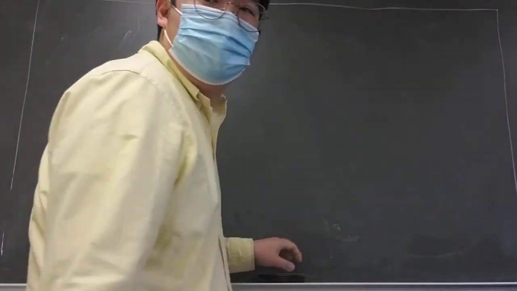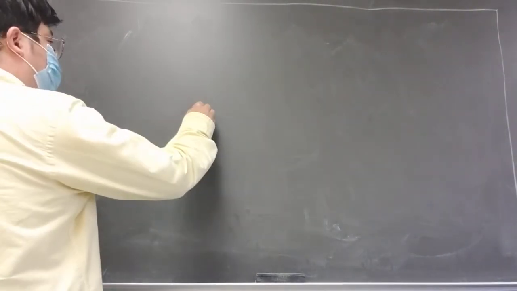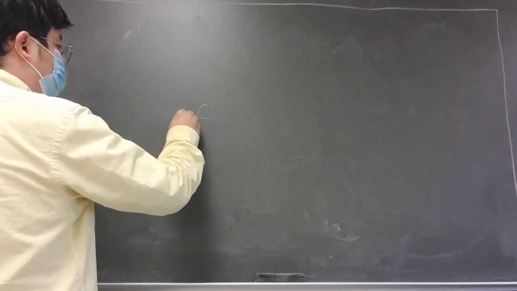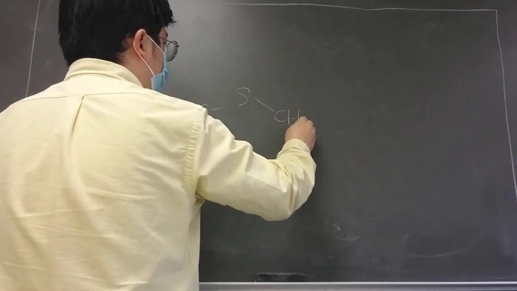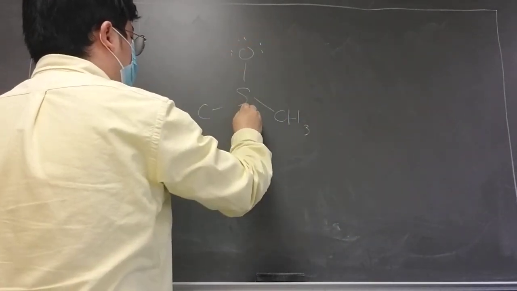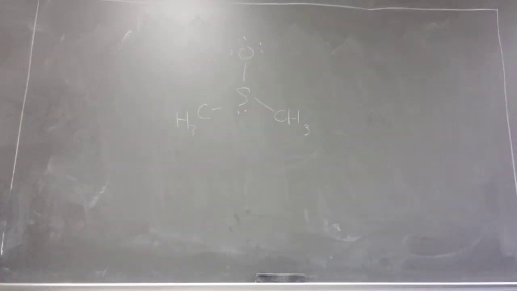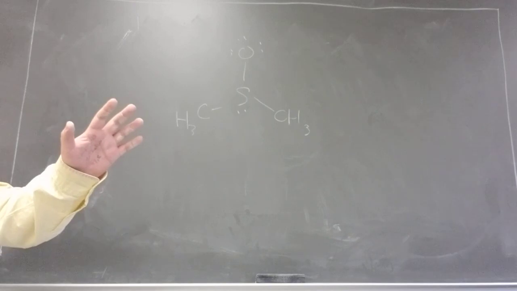Okay. The next one. Another one I think is quite important too is to find out the formal charge of each atom in the compound. So if you have a compound that looks like this. Once again, like I said a month ago, you can use the equations.